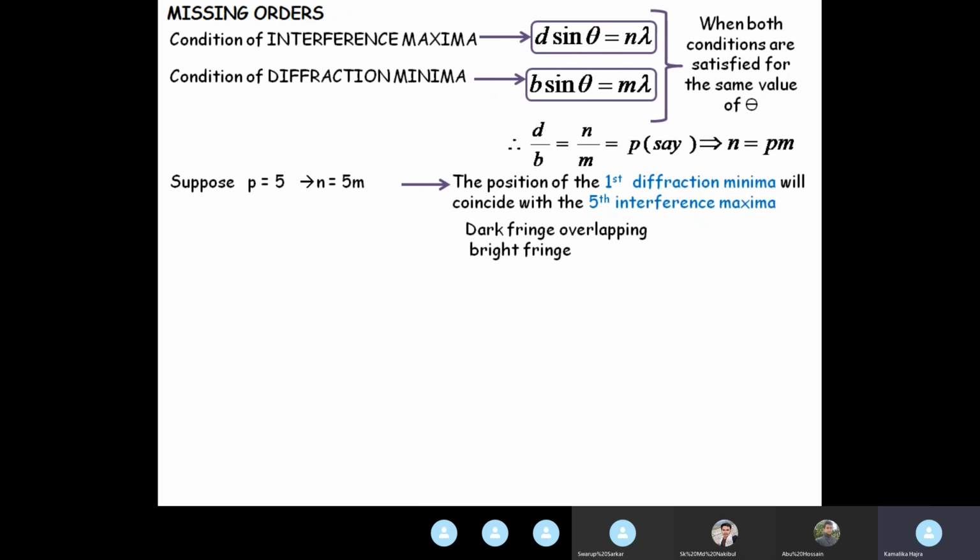Now, when a dark fringe overlaps a bright fringe, what will happen? If a dark fringe overlaps a bright fringe, what will happen? Someone please unmute and answer.